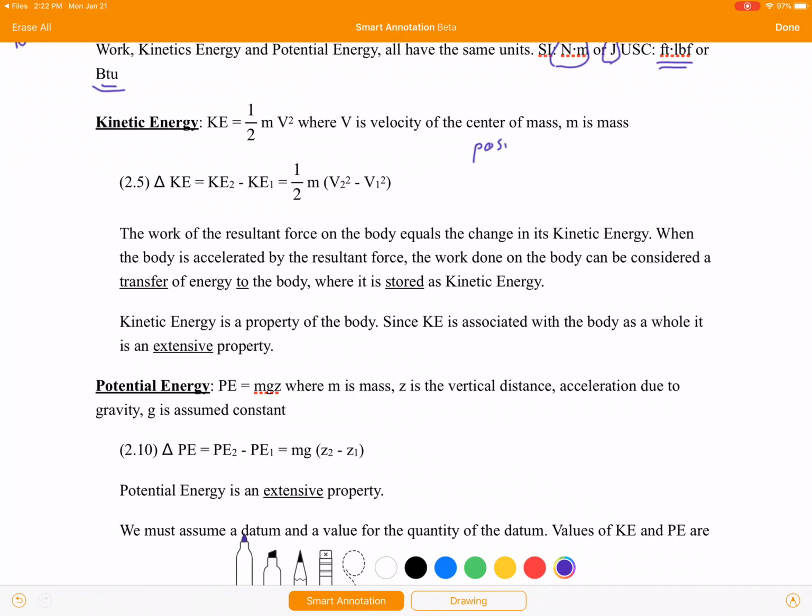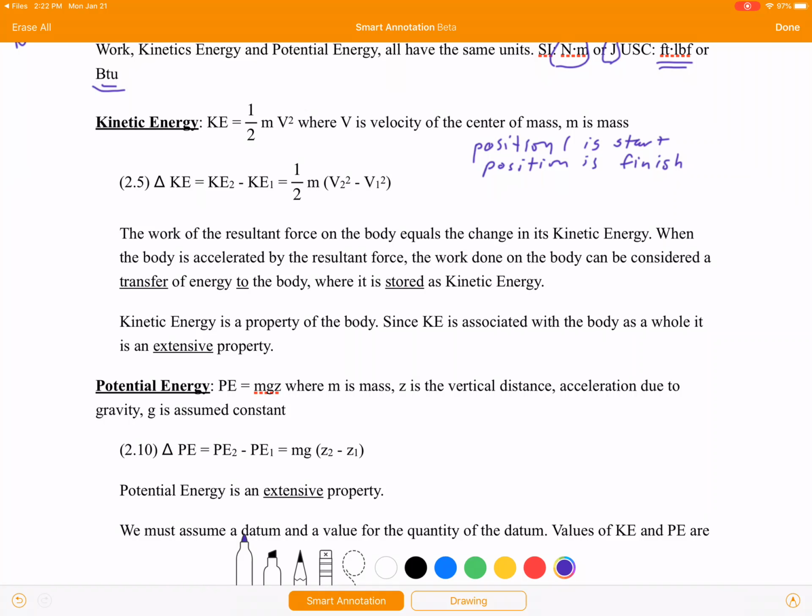Position 1 is the start, and position 2 is the finish, or the second spot we look at, the end.